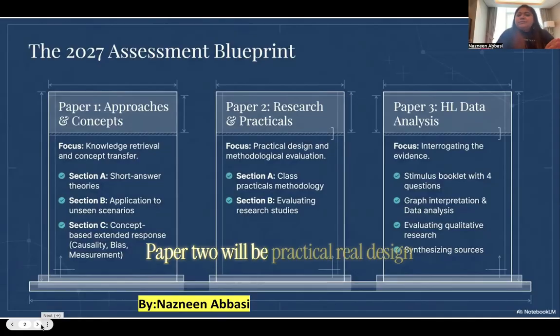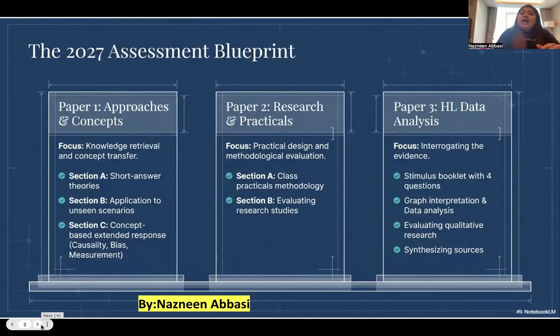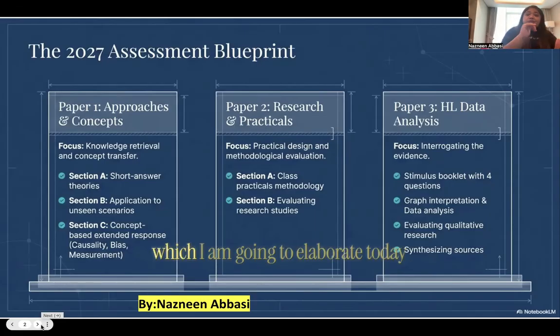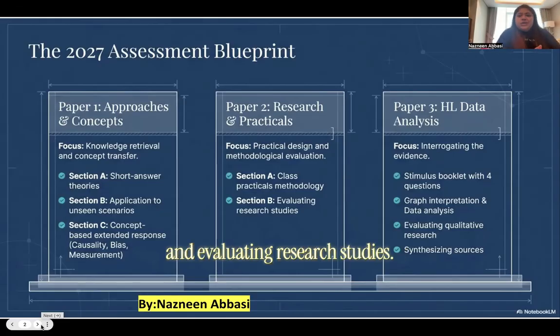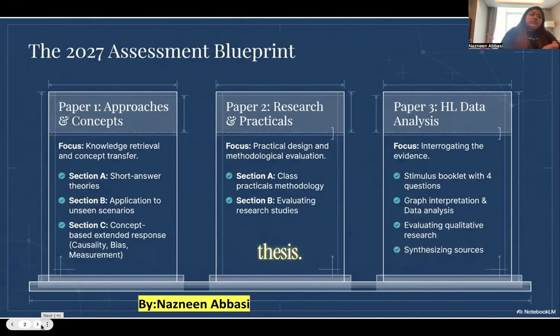Paper two will be practical design and evaluation of methodology, looking into class practicals, the first section which I am going to elaborate today, and evaluating research studies. Paper three will be data analysis. It is only for HL students, and you will have a stimulus booklet, graph interpretation, evaluation of qualitative research and thesis, and you will be analyzing sources.